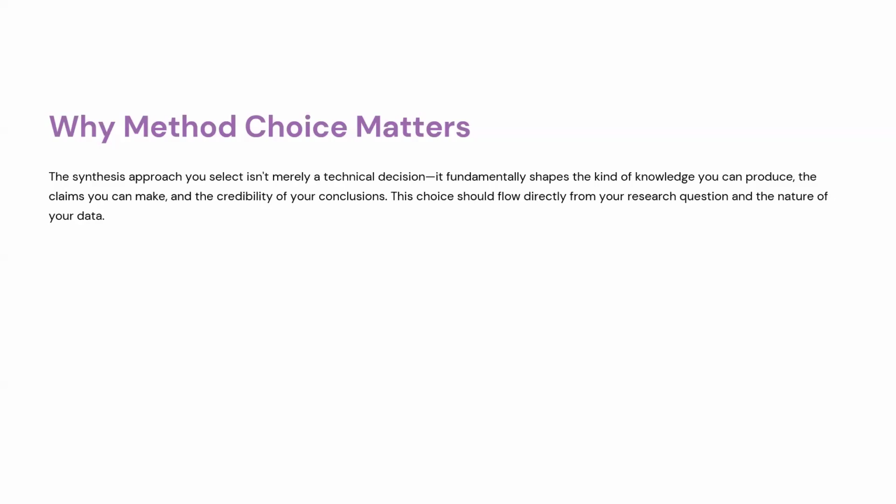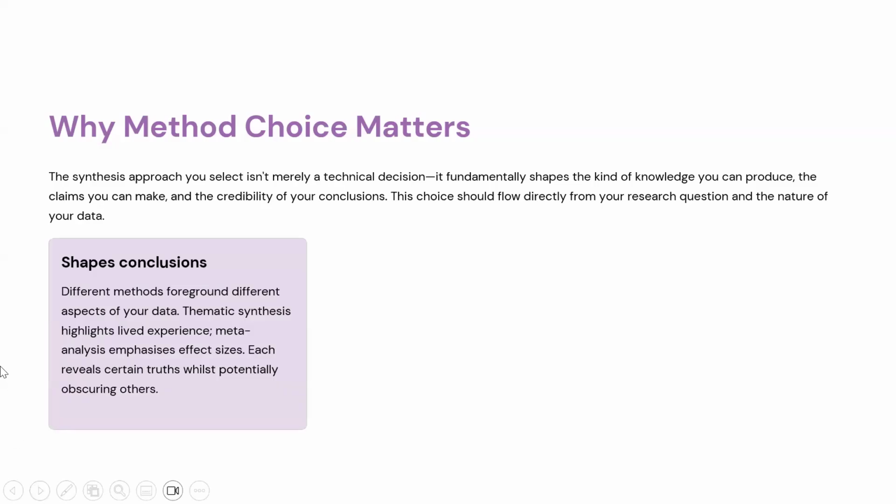The claims you can make are also limited by this, and the credibility of your conclusions, most importantly. This choice should follow from your research question and the nature of your data itself. Based on what you're working with, that will then determine what would be the best methodology to go forward with.